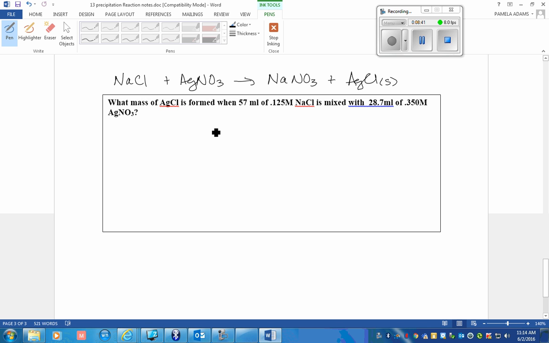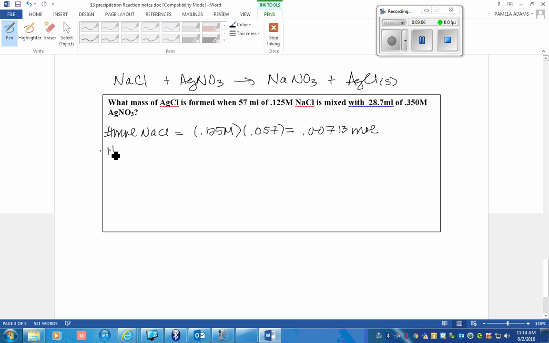Once again, we need to figure out which one of these two limits, because that controls the amount of the new solid that is formed. So the number of moles of NaCl, equal to its molarity times its volume in liters, is 0.00173 moles.